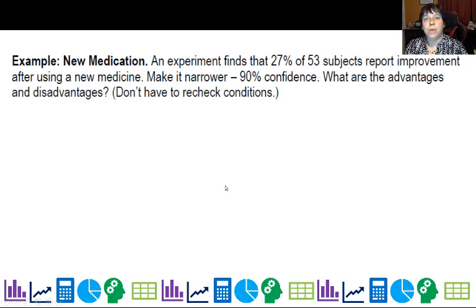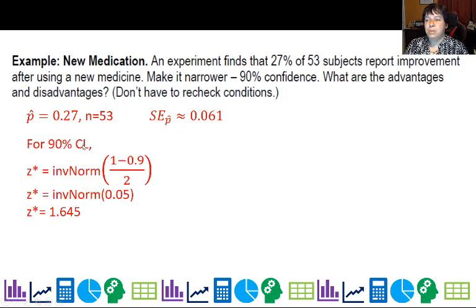In fact, let's go ahead and try that. So p hat is still the same. The standard error is still the same because my sample size is not changing. The only thing I'm changing is my confidence level. So this calculation is important. For a 90% confidence level, since we haven't used that, we do inverse norm of (1 minus 0.9) over 2.